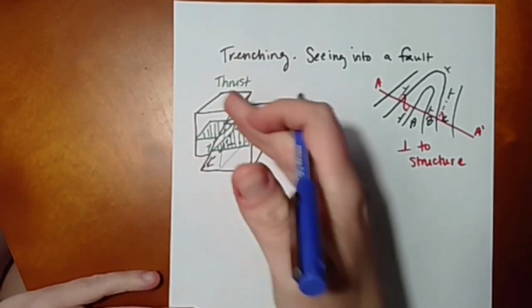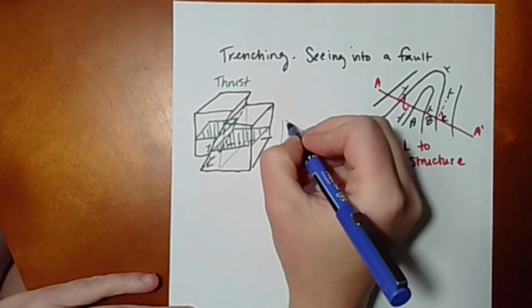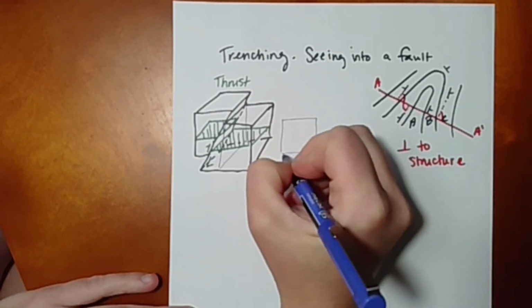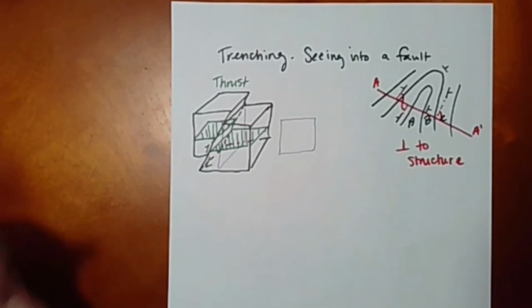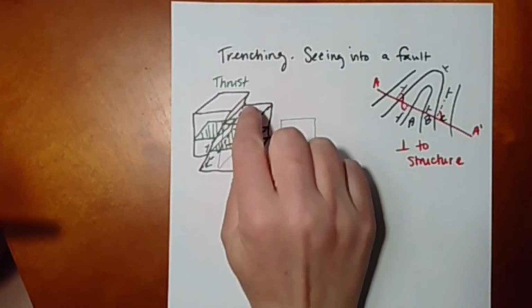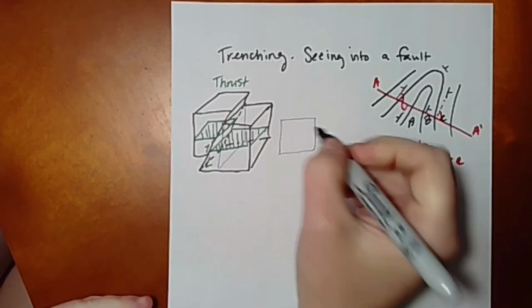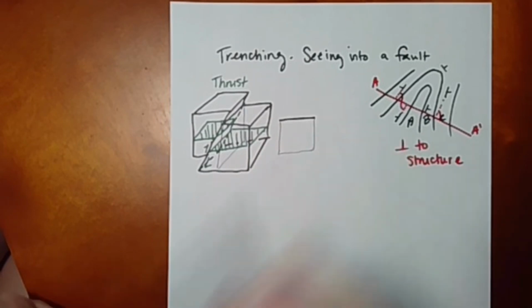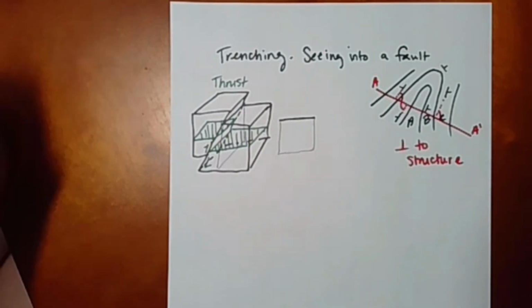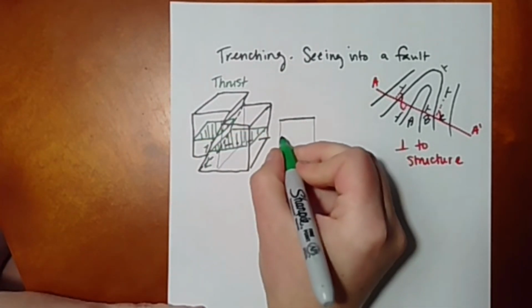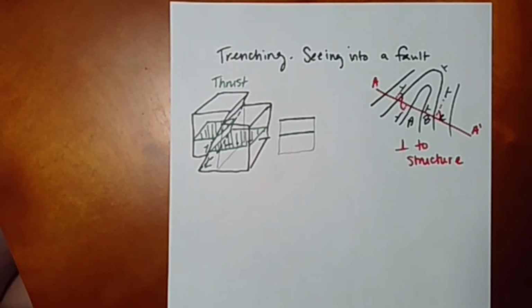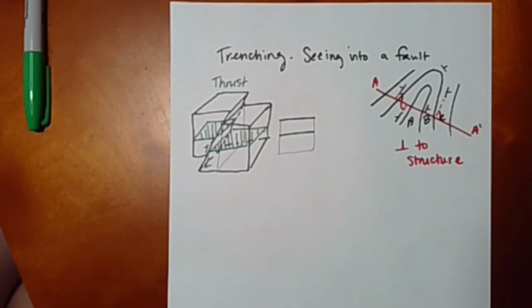So I would open this up along that cut. And what I am going to see is at the top, I'm going to see my fault trace. And then midway down through my trench, I'm going to see my green unit. And that's it. I'm not actually going to get a good idea of what my offset is.